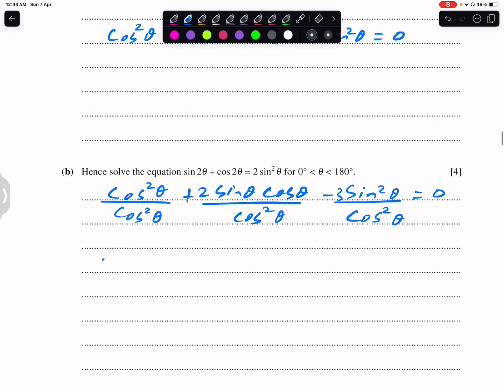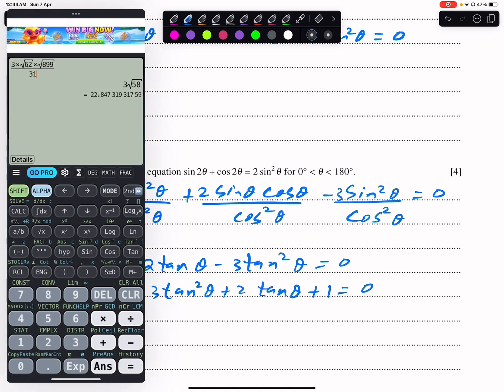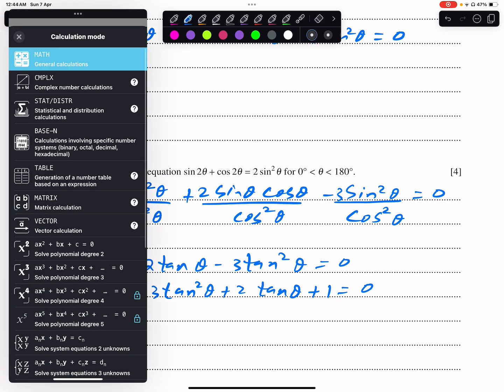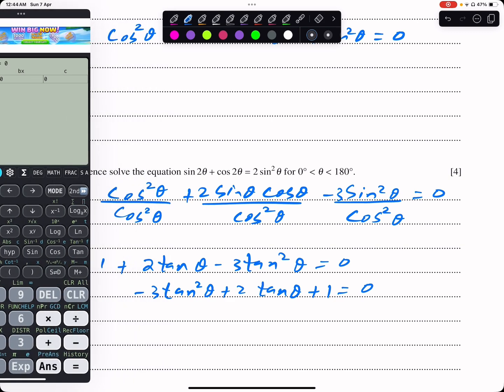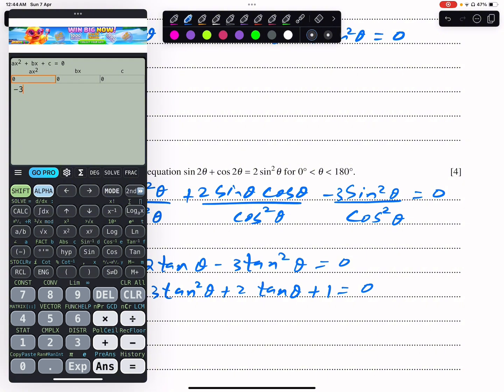So this will be 1 plus 2 tan theta minus 3 tan square theta. So rearrange this quadratic equation: 3 tan square theta plus 2 tan theta plus 1 equal to 0. So now put this in the quadratic formula, and you will have minus 3, 2, and then 1. So you will have two values for tan theta.